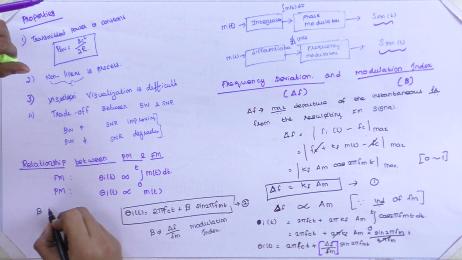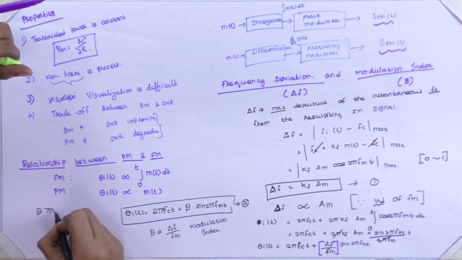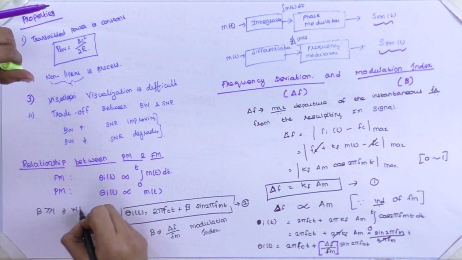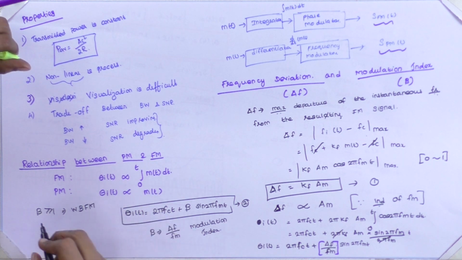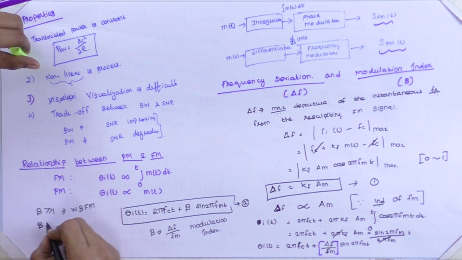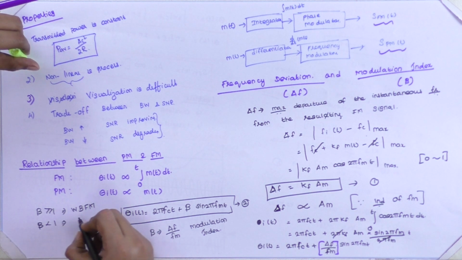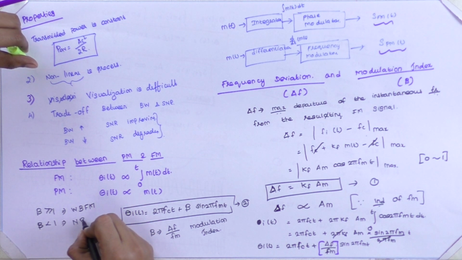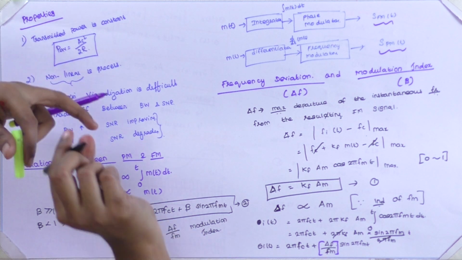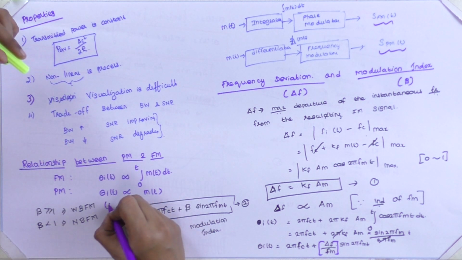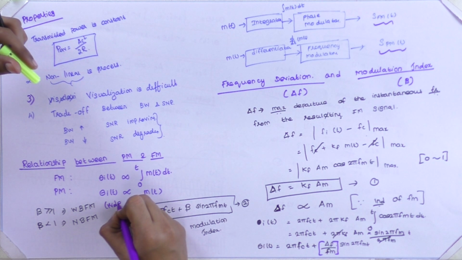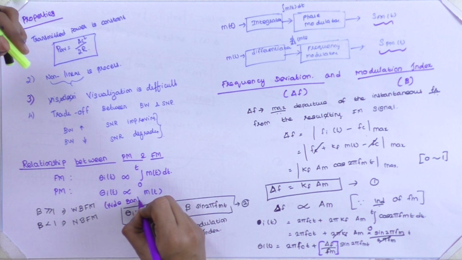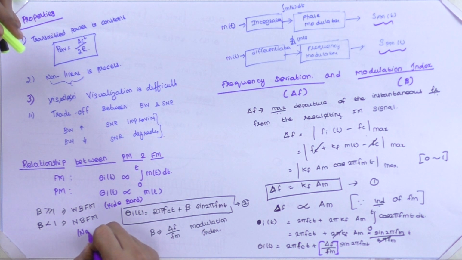If we have a beta much greater than 1, then we characterize it as a wideband frequency modulated wave. When the modulation index beta is less than 1, it is characterized as a narrowband frequency modulated wave. WB stands for wideband and NB stands for narrowband.